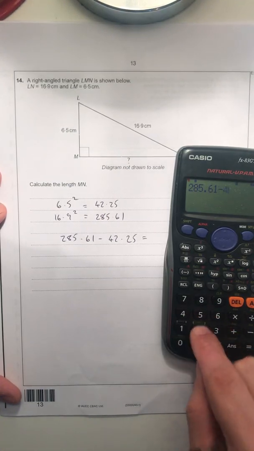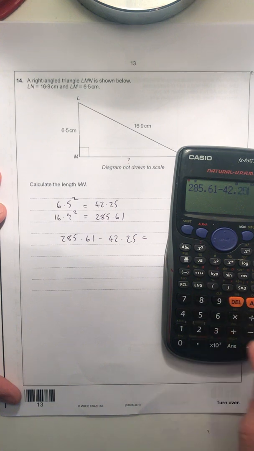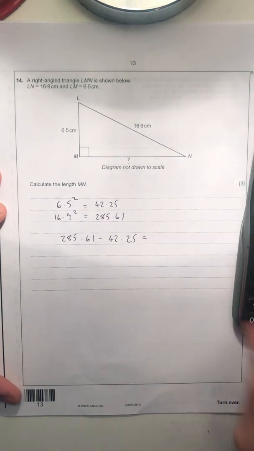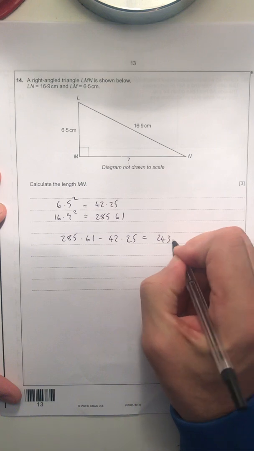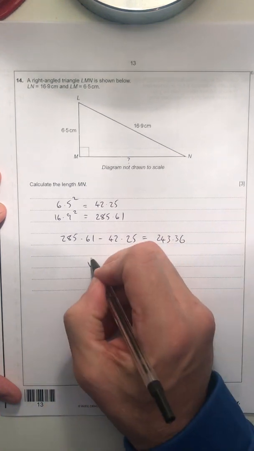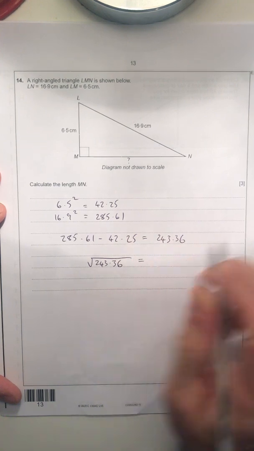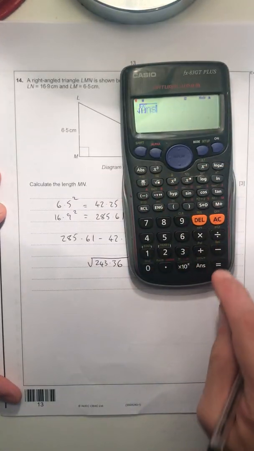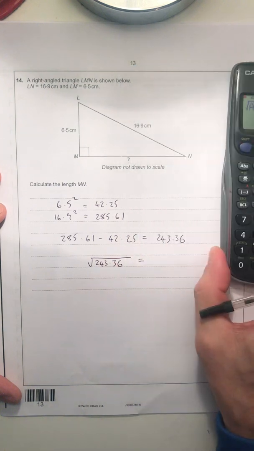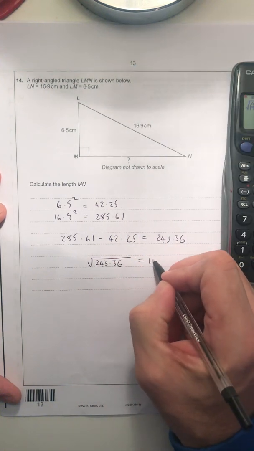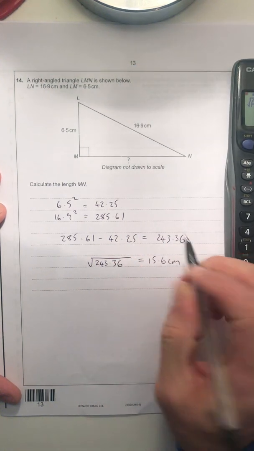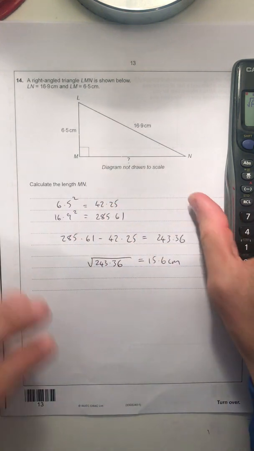That gives me 243.36. And then I just need to find the square root of my answer, which I can use this button on my previous answer, and that gives me 15.6 centimeters. So that length there is 15.6 centimeters.